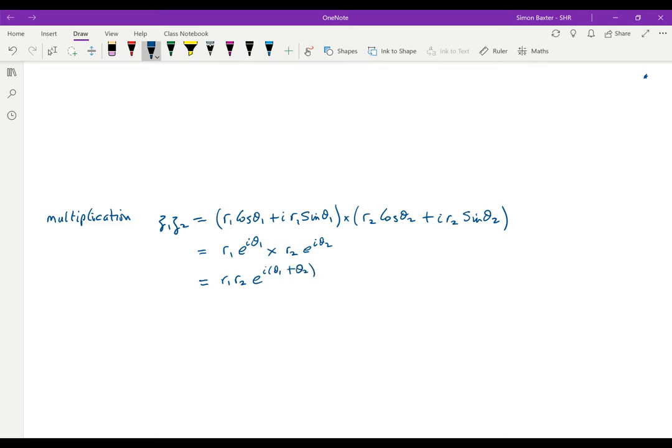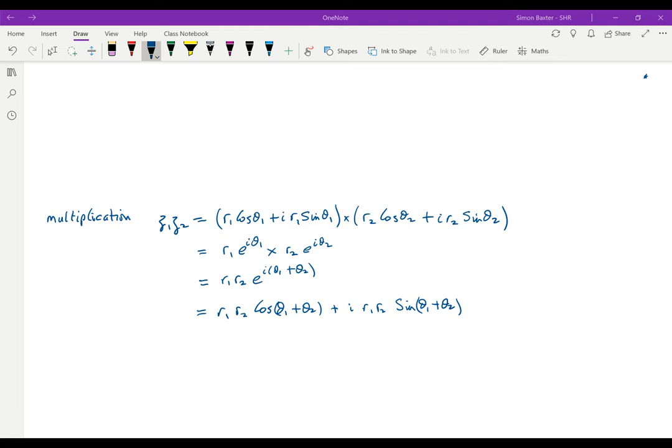I can write that back in the trig form, r1 r2 times cos of theta 1 plus theta 2, plus i r1 r2 sine of theta 1 plus theta 2. A very simple little piece of algebra. We're just multiplying numbers and adding indices.